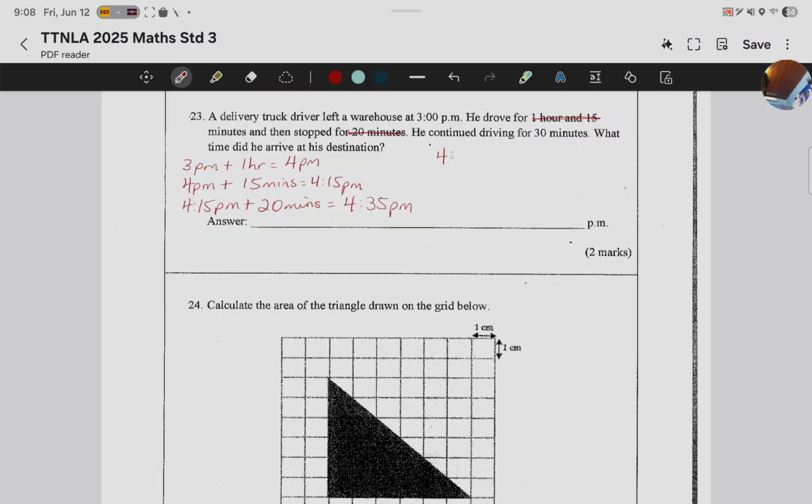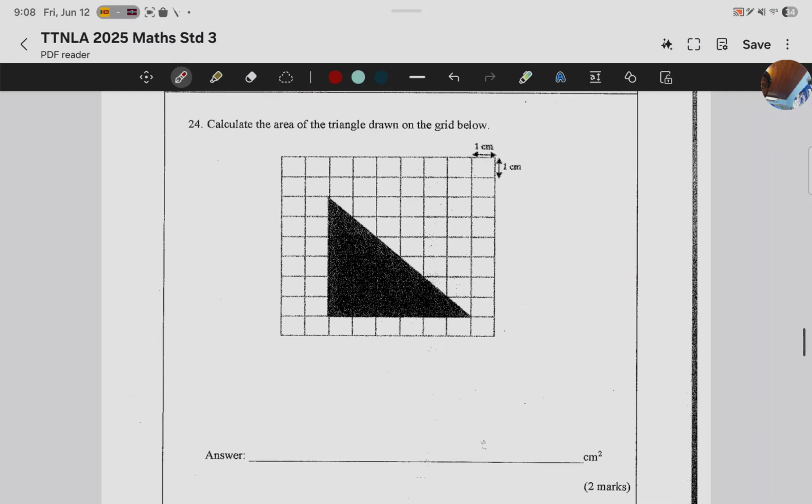Now 4:35 p.m. plus 25 minutes will give us to the nearest whole hour, which would be 5 p.m. And we need just 5 more minutes to make up this 30 minutes. So 5 p.m. plus 5 minutes is equal to 5:05 p.m. So our answer is 5:05 p.m.